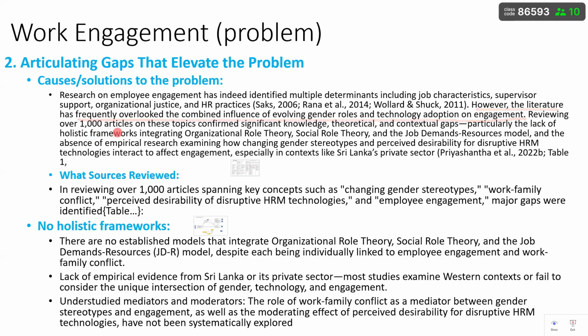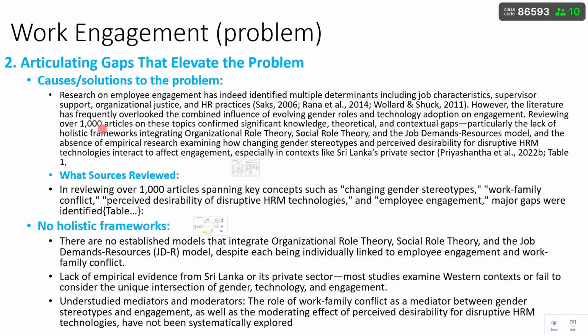I have reviewed over 1,000 articles on these topics, evolving gender roles and technology adoption on work engagement. How gender stereotype and technology can contribute to work engagement has not yet been investigated.